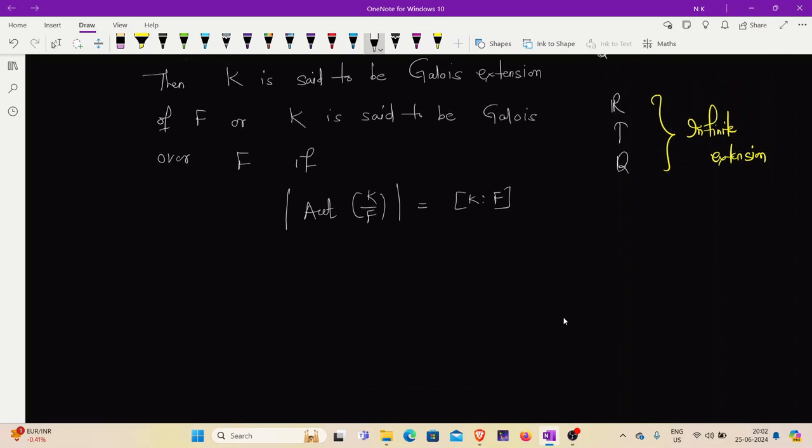And if this is so, this set of all automorphisms, let me just write it as a note.